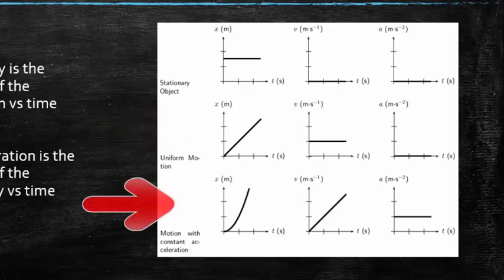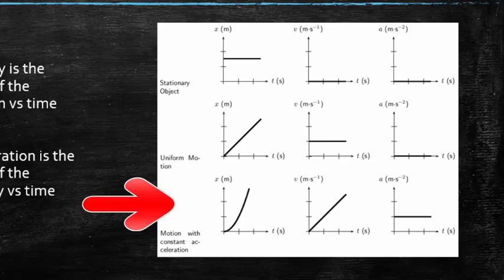And on the bottom one, you have a graph of an object that is increasing the distance. So its position is getting farther and farther apart every time interval. So it's getting faster, and if you take a bunch of different slopes on that line, you're going to end up with increasing values of velocity.